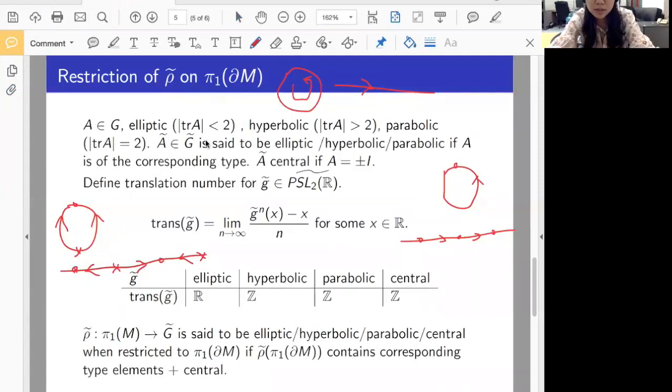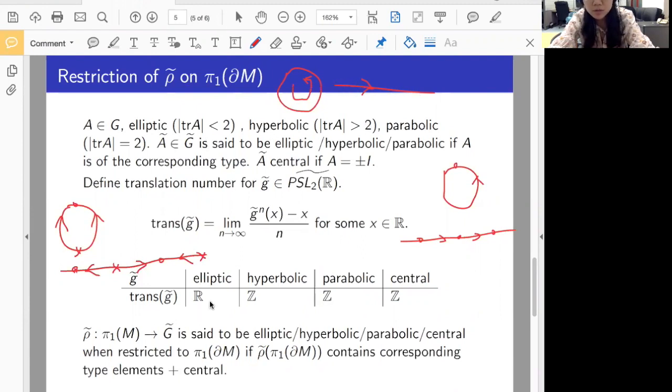Now let's look at the translation number of different types of elements in PSL2R tilde. If G tilde is elliptic, then as we said just now, G tilde acts on the real line by translation. So the translation number just measures how far away G tilde moves a point on the real line.